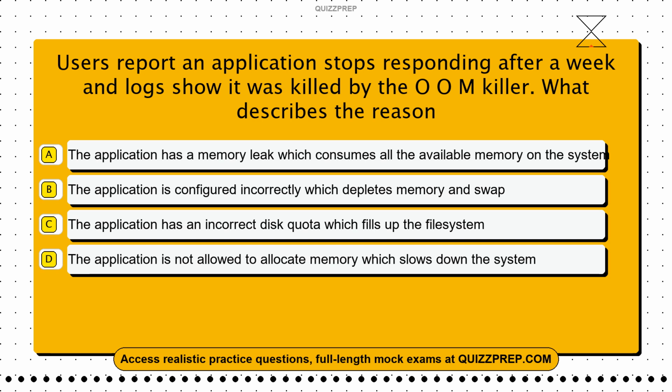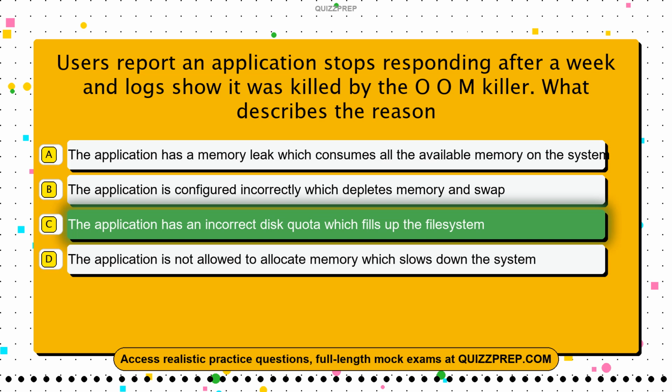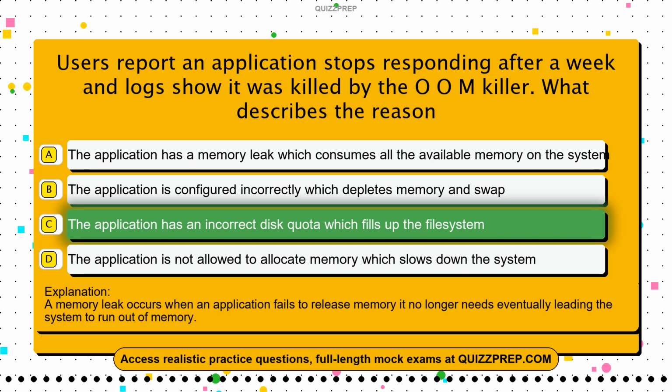Option D. The application is not allowed to allocate memory which slows down the system. The correct answer is option C. The application has an incorrect disk quota which fills up the file system. A memory leak occurs when an application fails to release memory it no longer needs, eventually leading the system to run out of memory.